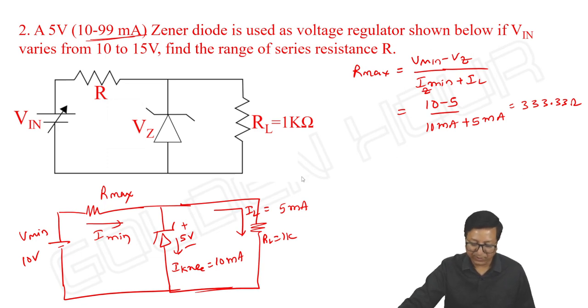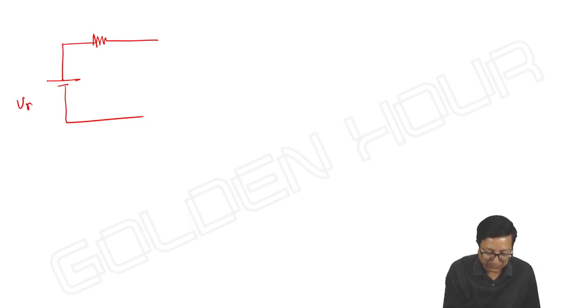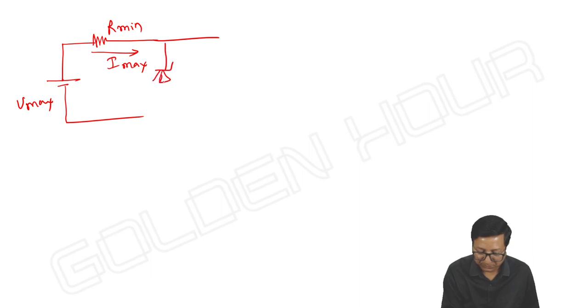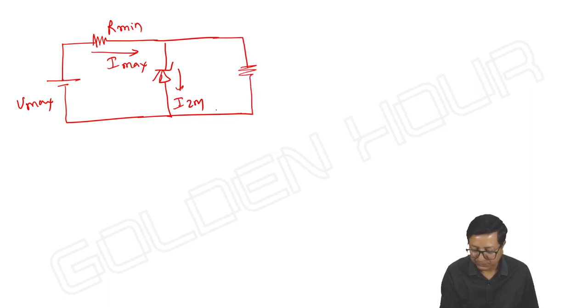Next, R minimum. V input is maximum, R minimum, I maximum, IZM, as it is 5 volts.